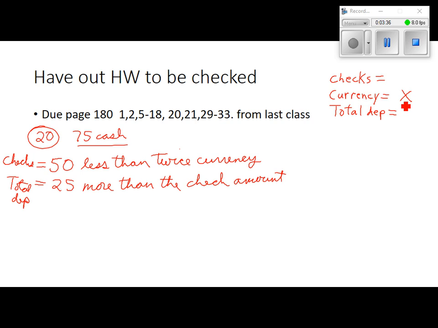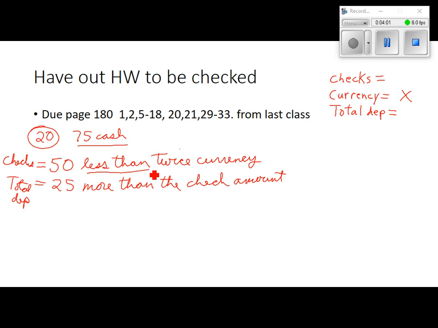So we know that the checks are $50 less than twice the currency. So when you say less than, what do you got to remember? If I say 2 less than 7, what's 2 less than 7? How'd you get that? But what'd you have to do to the numbers?